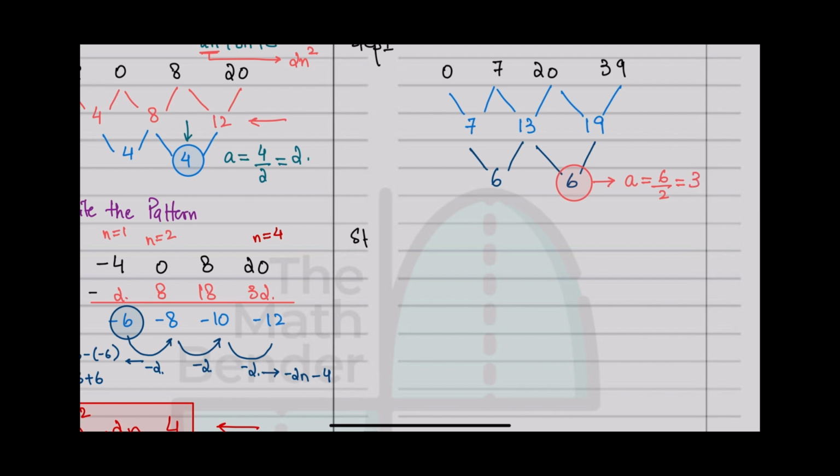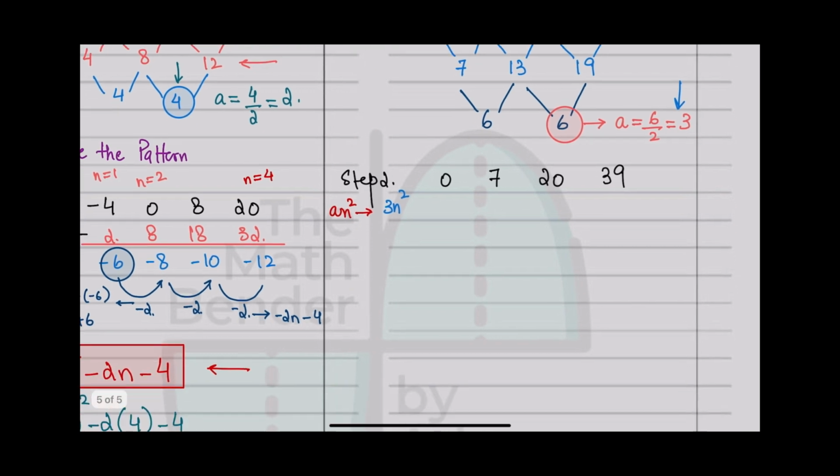Now, step 2, I rewrite the pattern 0, 7, 20, and 39. And I write an squared, which is now 3n squared because a is now 3.